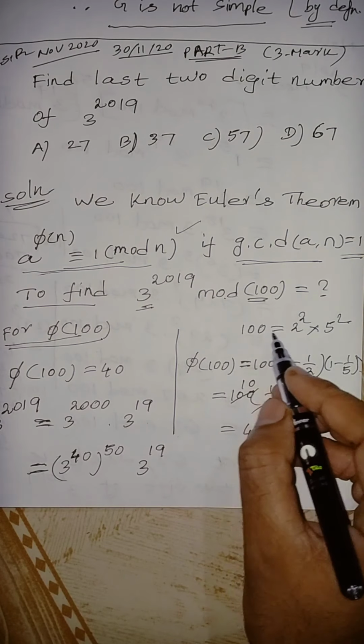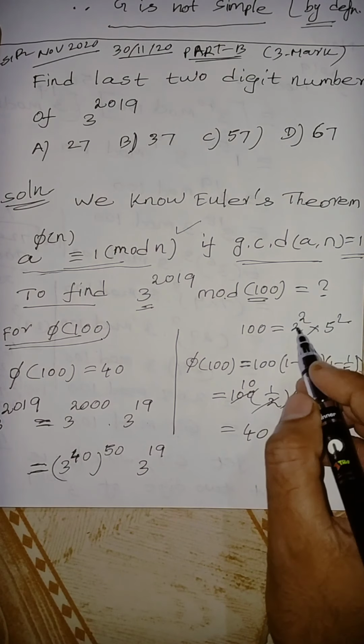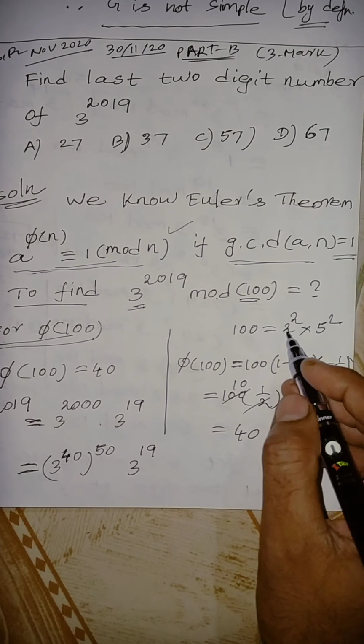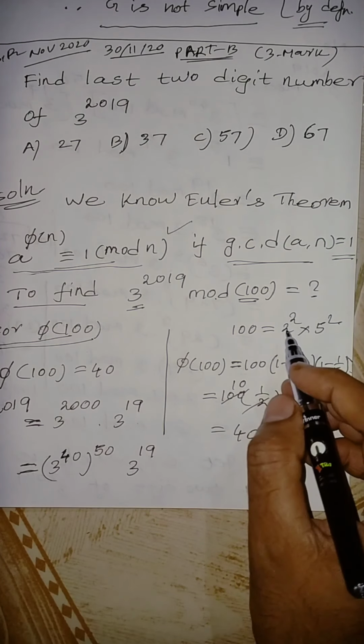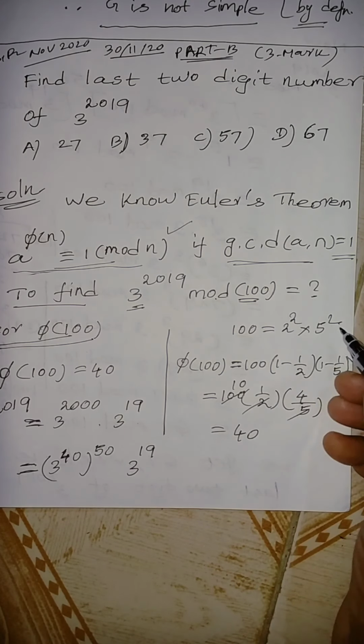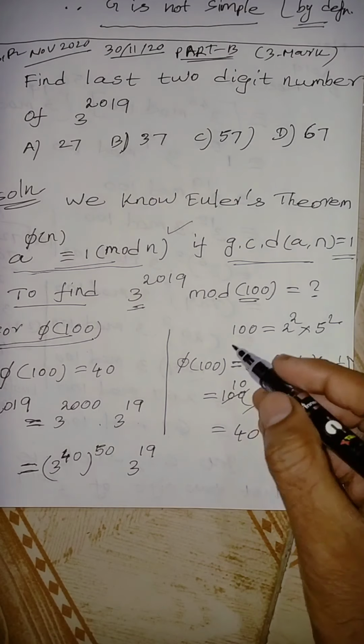100 can be written as a product of prime powers, 2 square into 5 square. This is the procedure to find phi of 100.